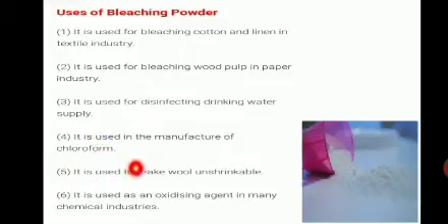Next use: it is used to make wool unshrinkable. Then bleaching powder is also used as an oxidizing agent in many chemical industries. So these are the important uses.